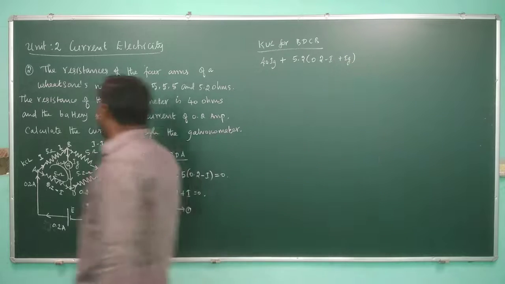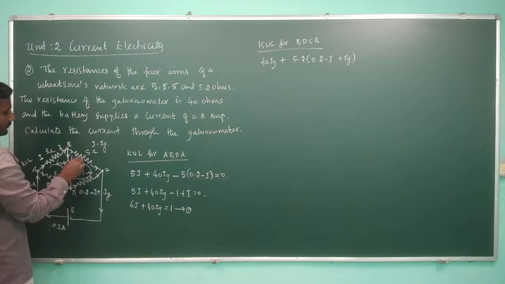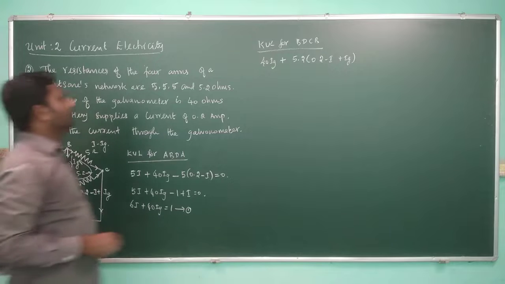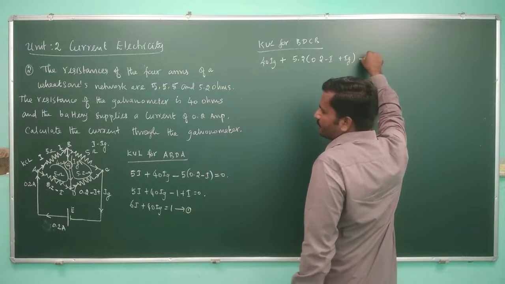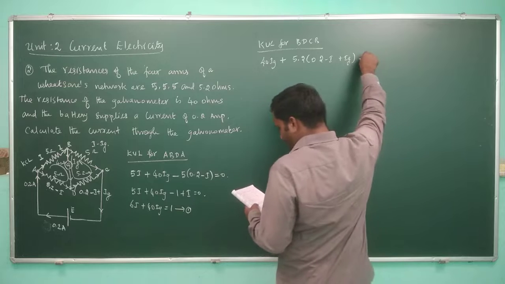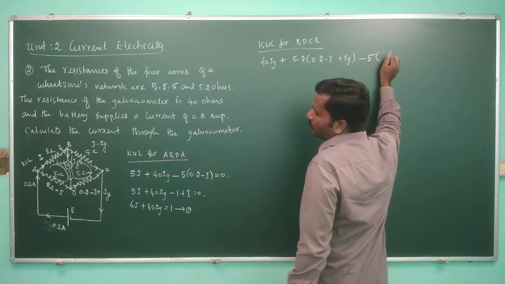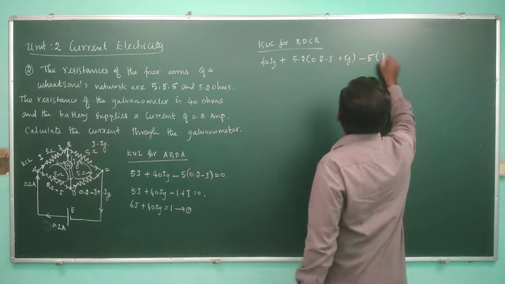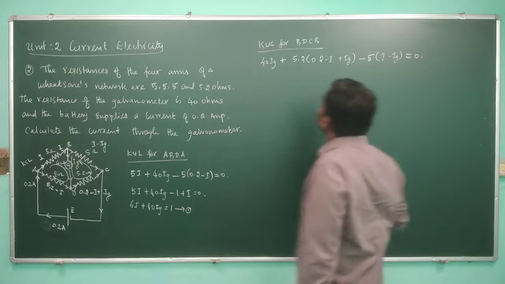Then if we draw this loop like this, from C to B it is minus. So minus 5 ohms resistor and the current is I minus Ig, which is equal to 0.